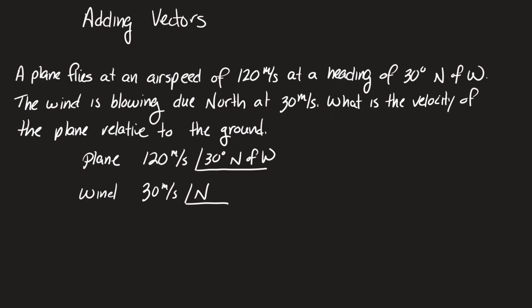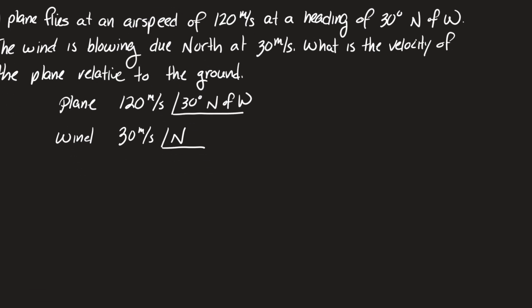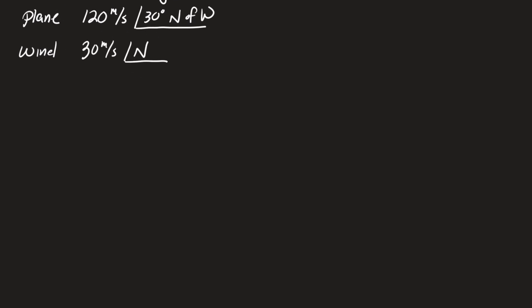So let's start by drawing a reasonable place to do this. What I mean by that is I want to create something that I can use to demonstrate the origin. So I'm going to create a coordinate system.